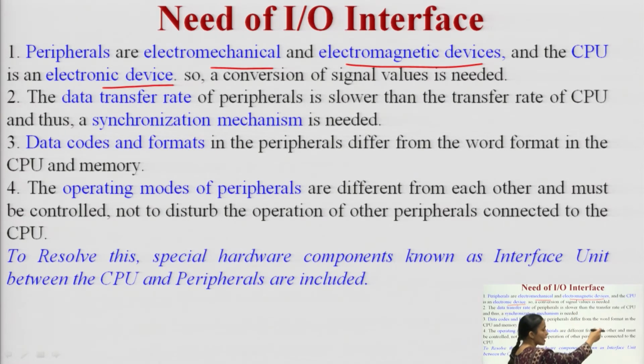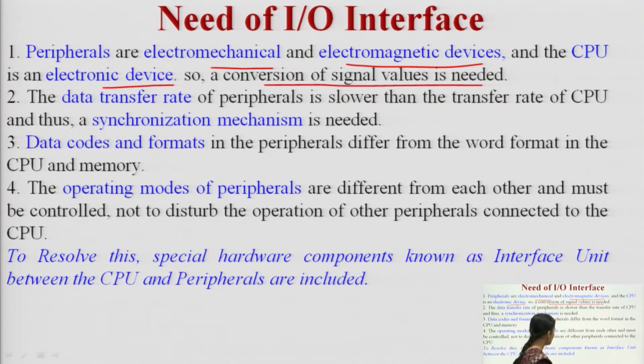So, whenever we have to show the communication of CPU and memory transfer with these peripherals, we are discussing the connection of 2 different kinds of devices: electromagnetic to electronic data transfer has to take place, or mechanical to electronic, or vice versa. That means conversion of signal values is required.